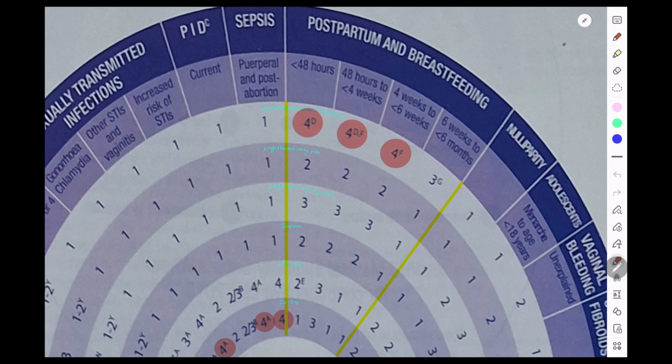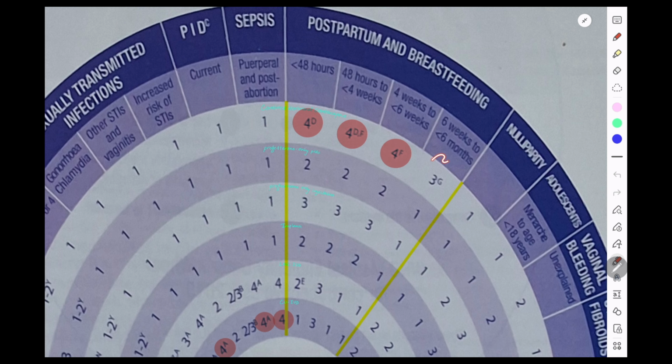You can frame the sentence another way: the category 1 contraceptive for less than 48 hours postpartum is IUCD, and category 4 is combined hormonal contraceptives.